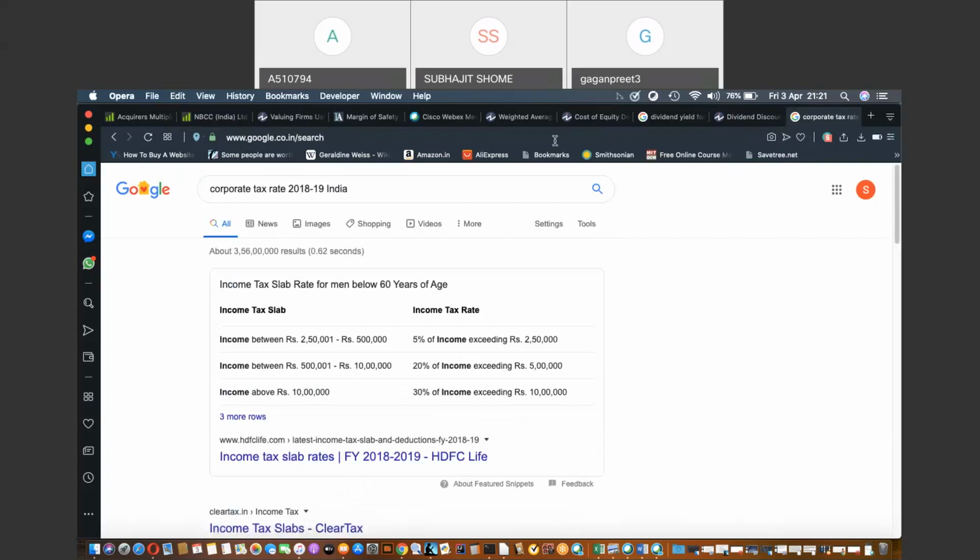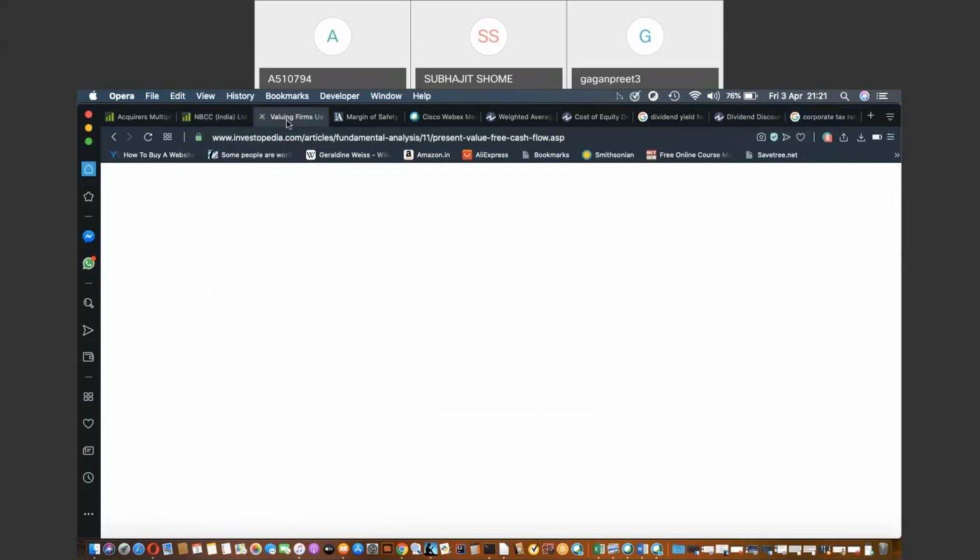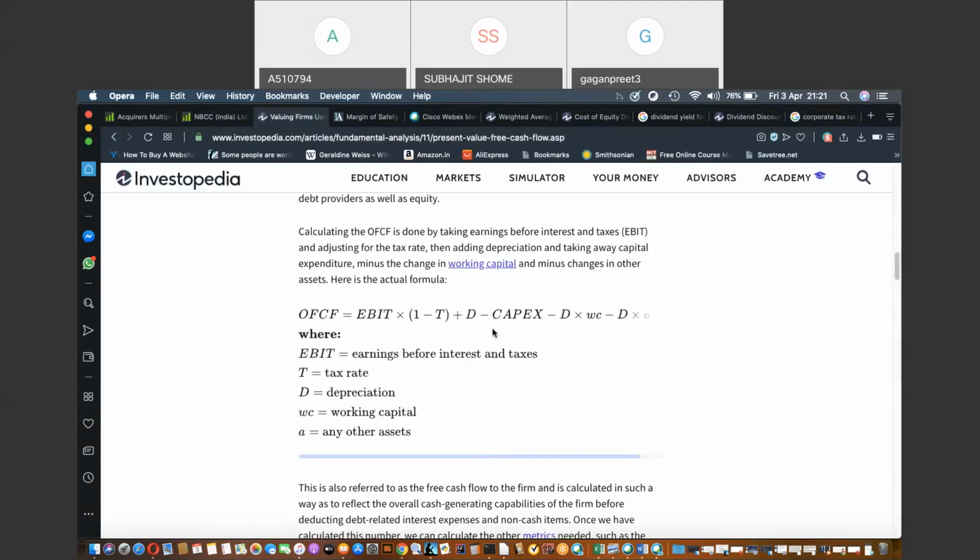Okay, now, what is the formula? Shubhajit, can you please copy paste the formula in our chat box? I can do this in Investopedia, right?